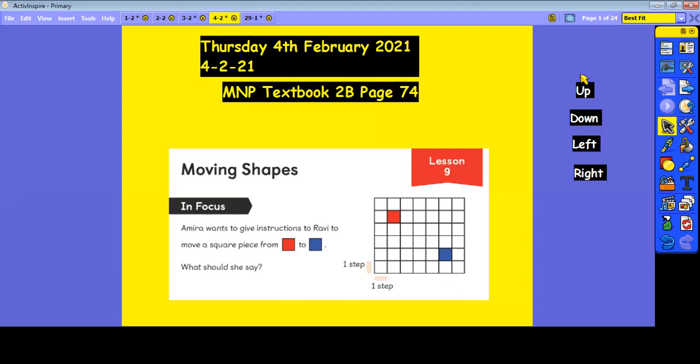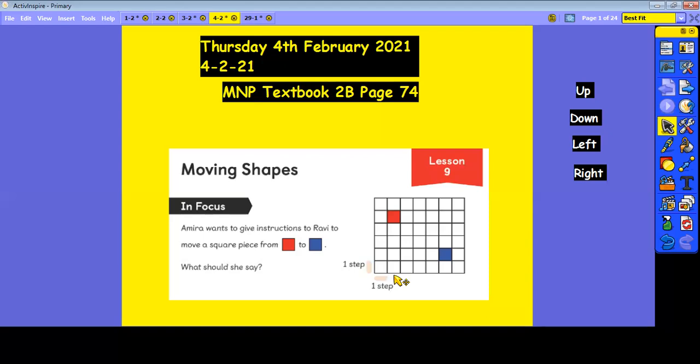And you can use the terms up, down, left and right. And you're given a clue here. Instead of saying move the square 1 to the right, you say 1 step to the right, or 1 step to the left, or 1 step up, or 1 step down.